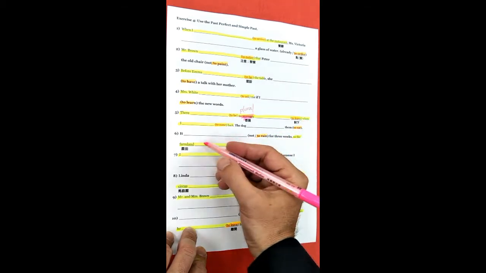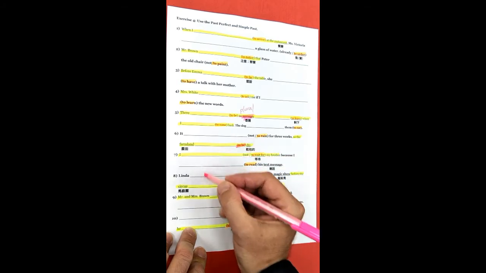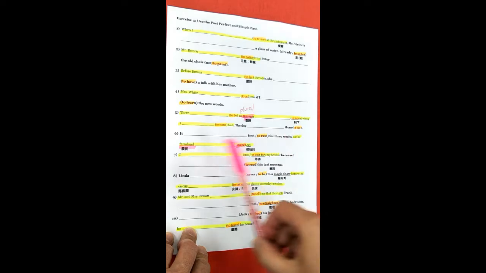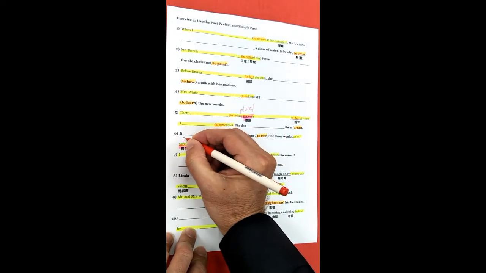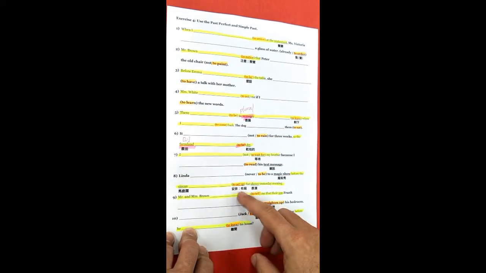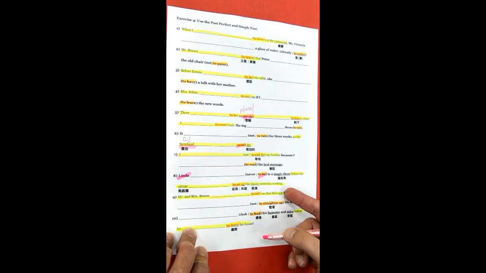All right, to leave. The next one, to be. Farmland. The farmland is non-count, so no plural. The next one, it says to be, and this is Linda.